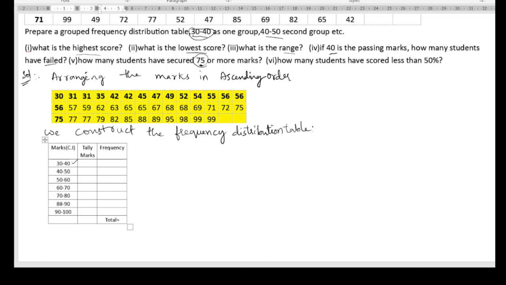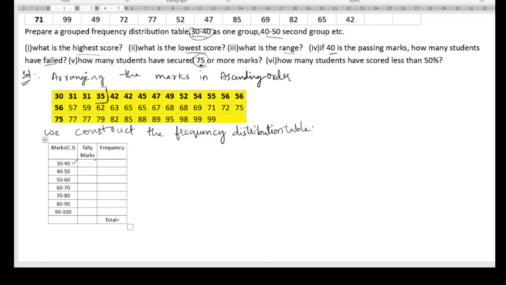Now we will check how many scores there are from 30 to 40. After arranging in ascending order, it became very easy to identify. Up to 40, we take before 42.